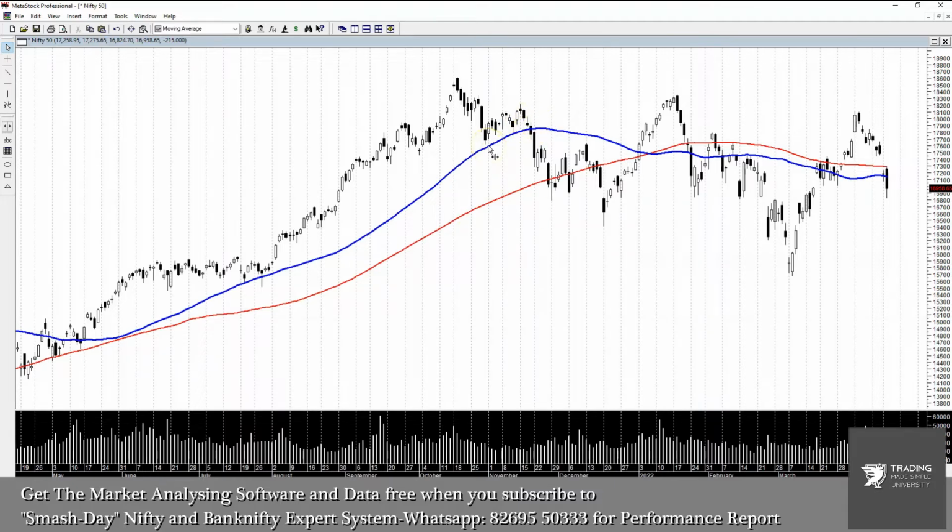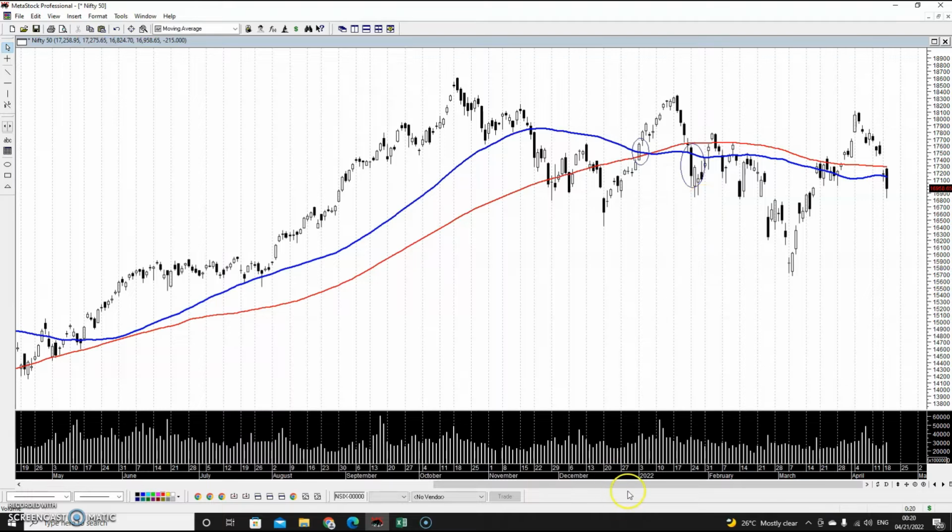It is a 50-day moving average and a 100-day moving average. So we will get a buy signal when prices go above both the moving averages, and we will get a sell signal when prices go below both. Suppose this is a buy signal because prices have gone here above both the moving averages. So this is a sell signal, right? Because prices here have gone below both the moving averages.